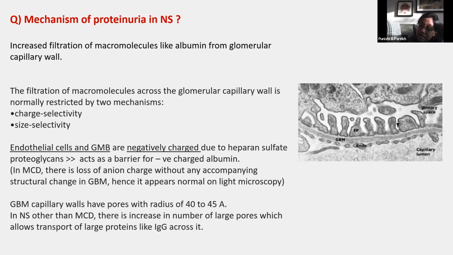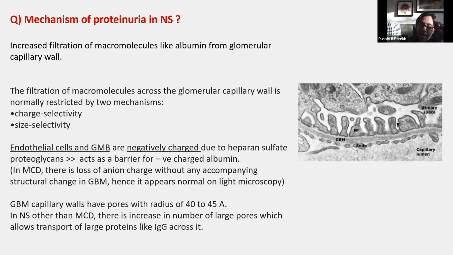Whereas if you look at the other types, like the membranous or proliferative or the mesangial or the secondary types of nephrotic syndrome, another thing that is offered by this barrier is that they have pores of a certain size. GBM capillary walls have pores of radius 40 to 45 angstroms. In nephrotic syndrome other than minimal change disease, there is an increase in the size of these pores.